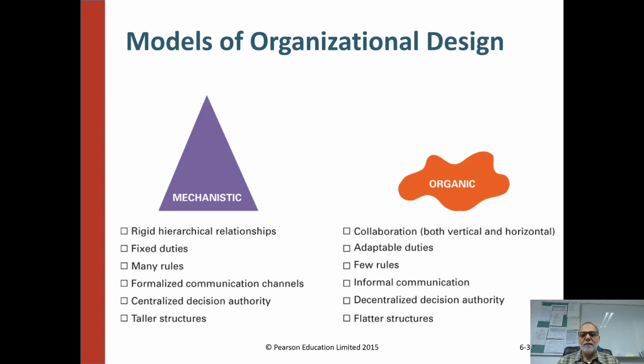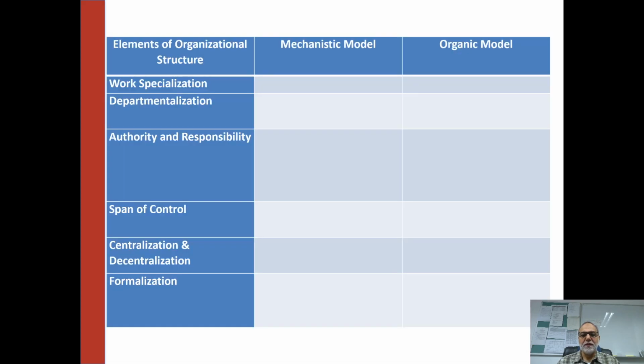Let's try to map them according to the 6 elements we have seen of organizational structure. We have work specialization, departmentalization, authority and responsibility, span of control, centralization and decentralization, and formalization.